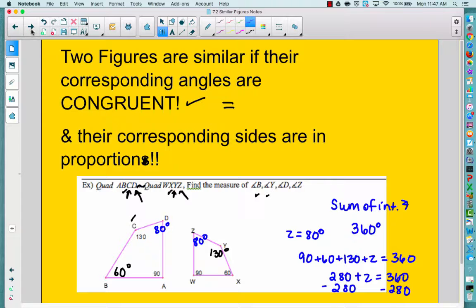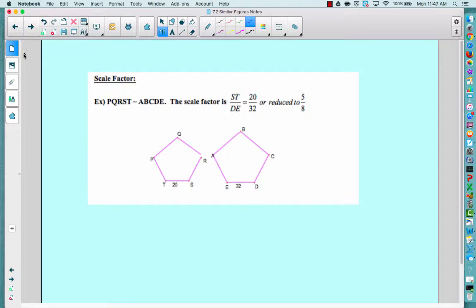But what about proportions? We're going to be talking about something called the scale factor between two similar figures. If PQRST is similar to ABCDE, then we can say that their scale factor is, I look at the two sides that correspond that I have a value for, and I saw ST and DE both had a value.